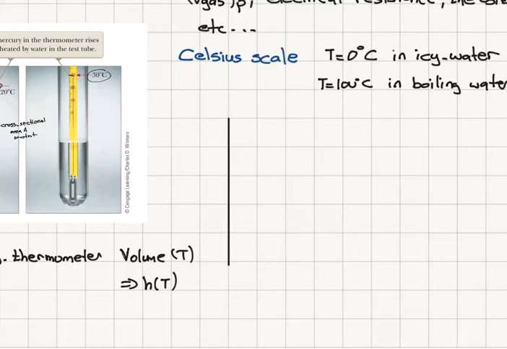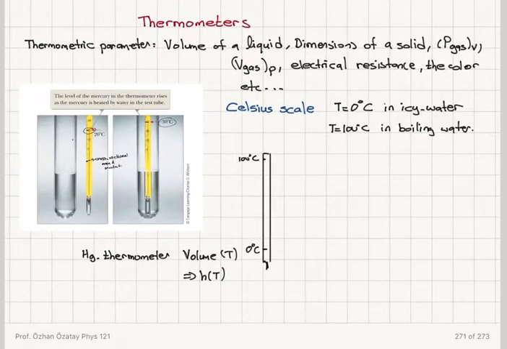So once we have this labeling, we have created a column with labels on it, and here we said this is 0 degrees Celsius and here is 100 degrees Celsius.